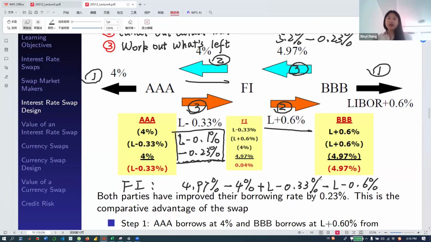And since the LIBOR rate is going to cancel each other out, the end result will be 0.04%. That's exactly the commission the financial institution desired.